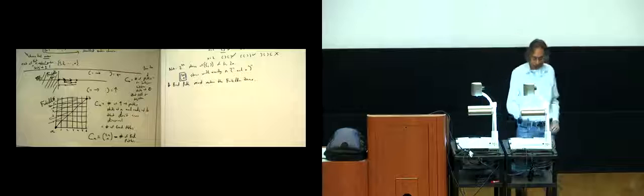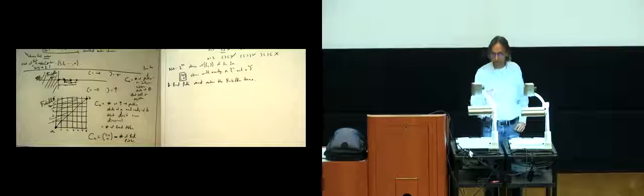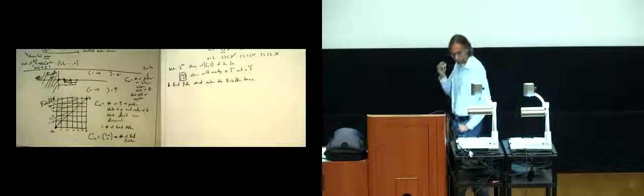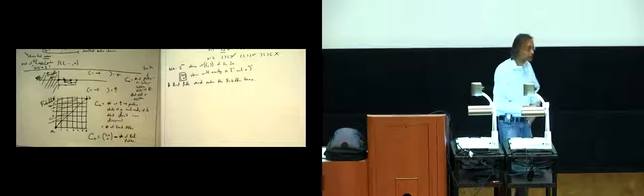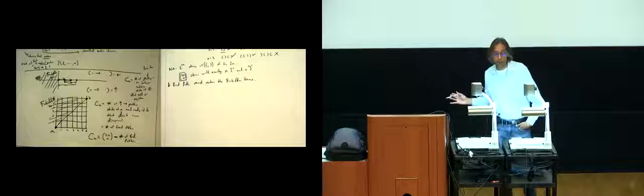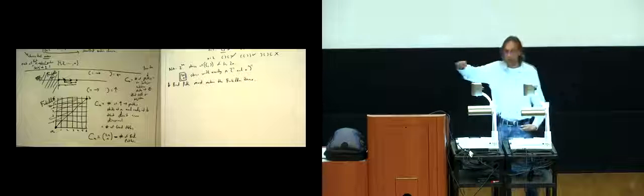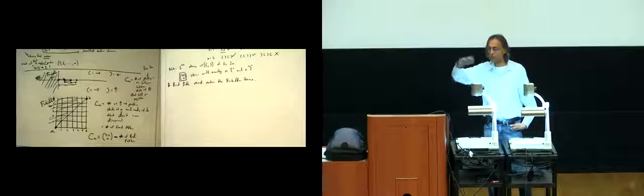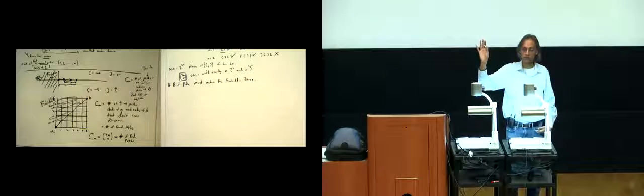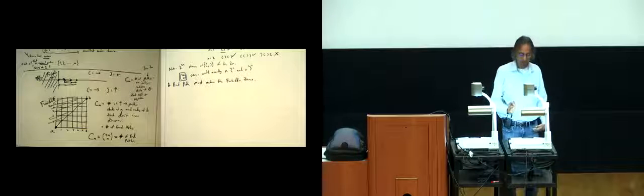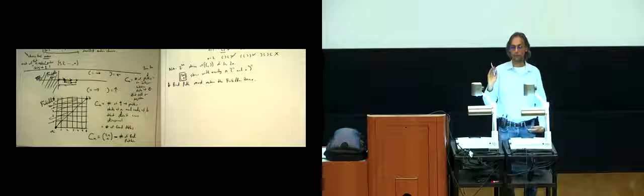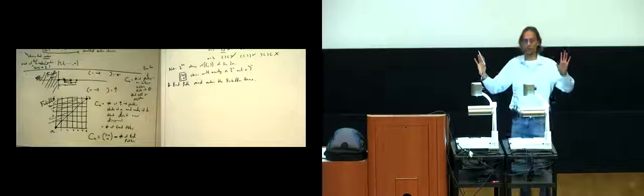These are all paths that go from A to B. But what makes it a bad path is that it enters the forbidden zone. Now it could enter the forbidden zone and then leave, and then go back in, and then leave. Right? It can do it many, many times. It doesn't matter. But it has to enter the forbidden zone at least once. Is this clear to everybody? And so now the question is, how do you count these bad paths?